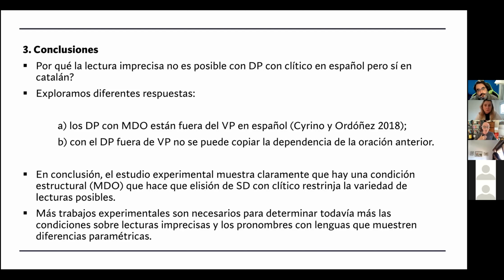Como en este caso, hemos hecho una doble comparación: la elipsis del sintagma determinante con la elipsis del sintagma temporal. Todavía no hemos hecho la comparación del español con respecto al catalán, donde no solamente es la animacidad, sino el hecho de que la lengua tenga un mecanismo de marcado diferencial de objeto. Gracias, creo que esto es todo.